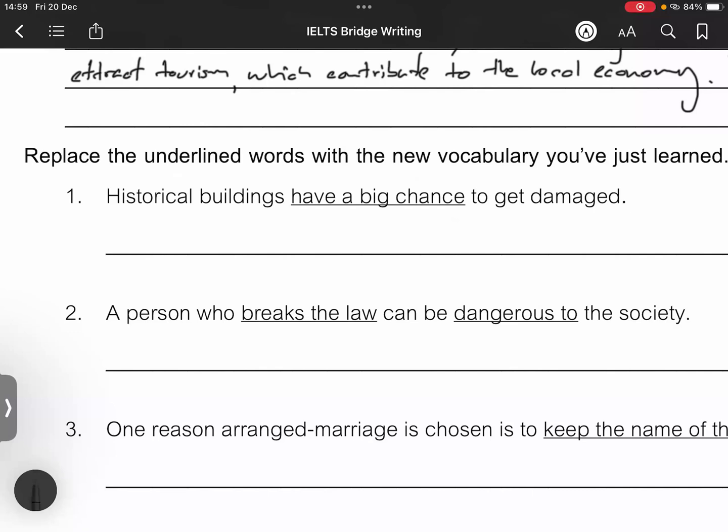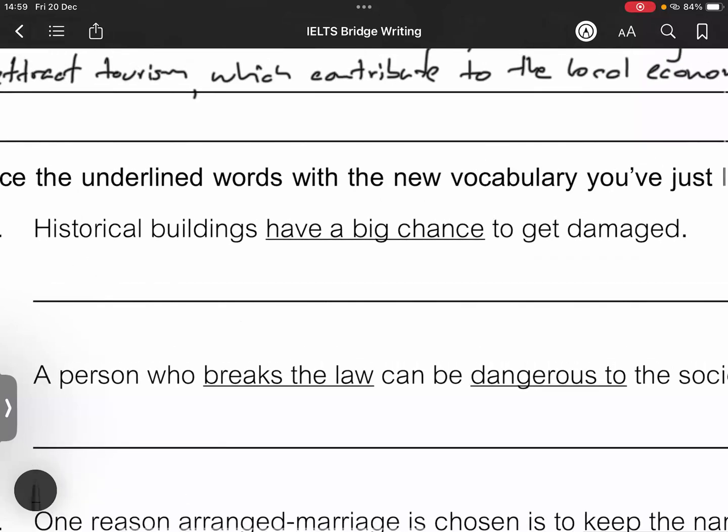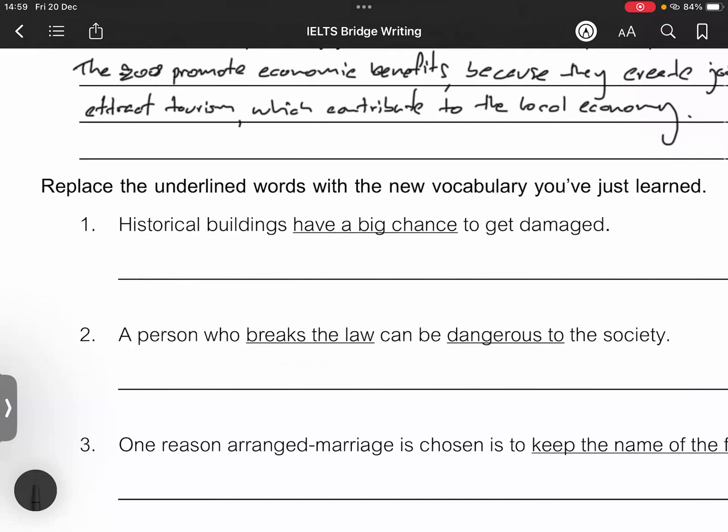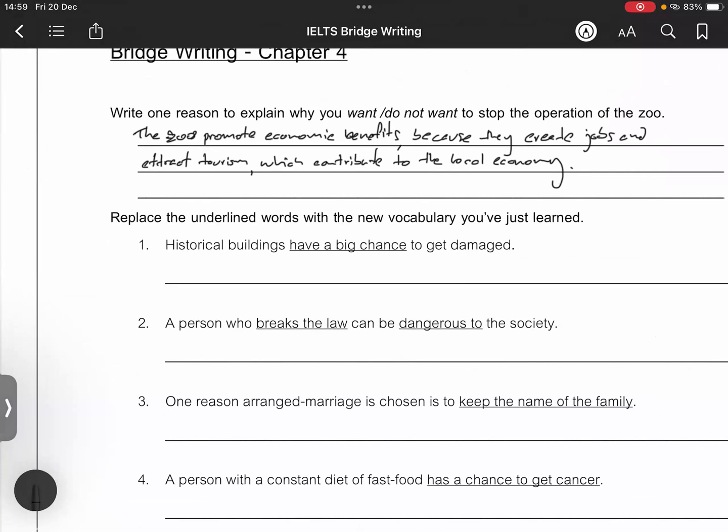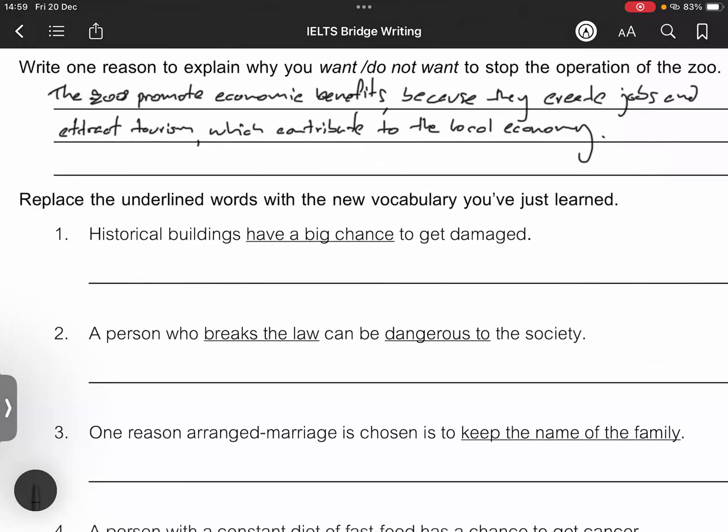Okay, so next we are going to be looking at this next exercise. It asks you to replace the underlined words with the new vocabulary you have just learned. Okay, so if you go back to the previous page, and we try to look for the equivalent expression for have a big chance.